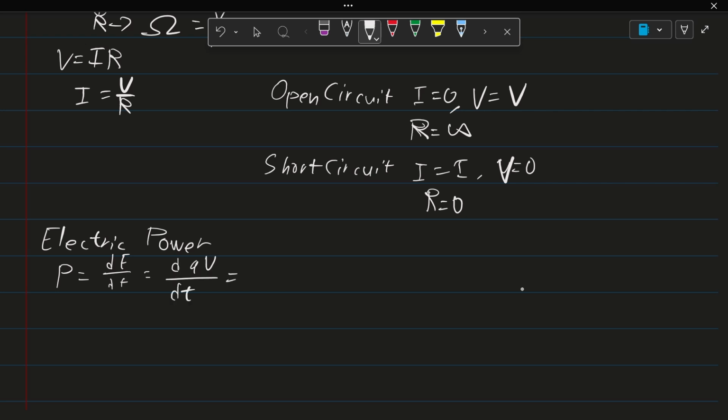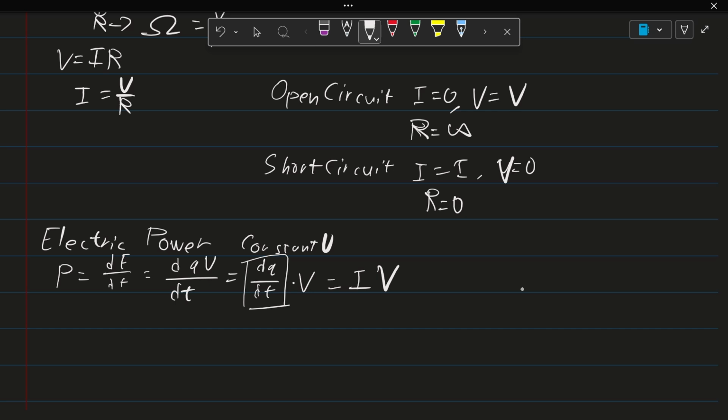So let's actually just assume constant voltage. So we won't deal with crazy types of voltages. Well, technically it should be dQ V plus Q dV, but in here I want to set the dV to be 0. So we would obtain a dQ over dt, multiplied by V. Now, this dQ over dt itself is something which you know as current.